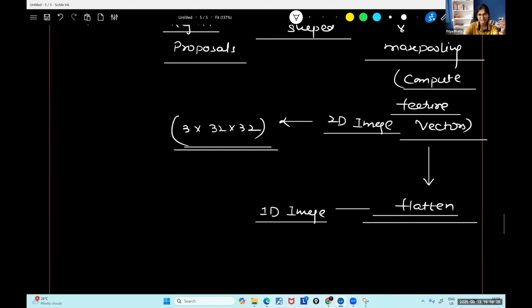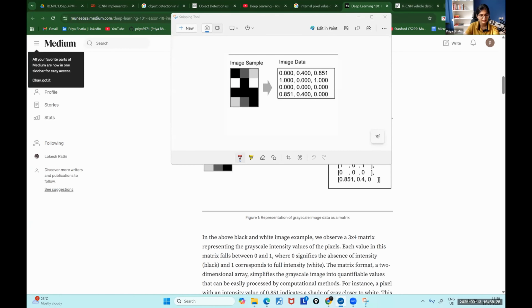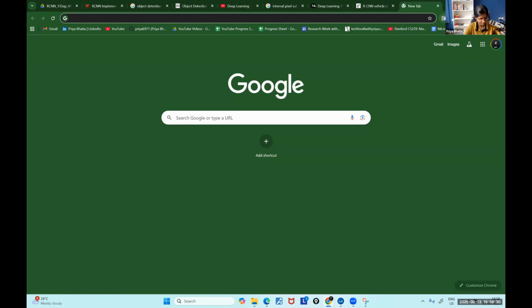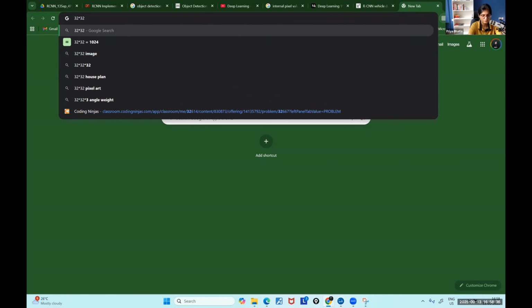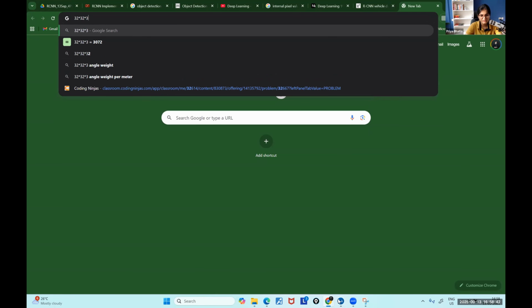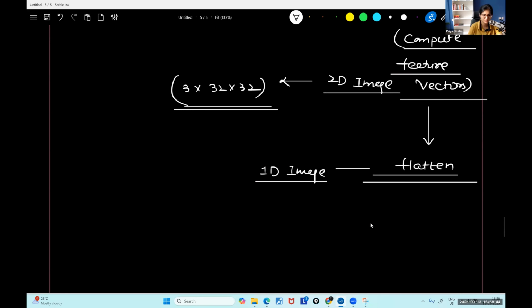So what is the answer of this? 32 into 32 into 3, 3072, right? So that many input neurons you will be able to get, comma 1. Do you guys agree with me? That many input neurons you will get.